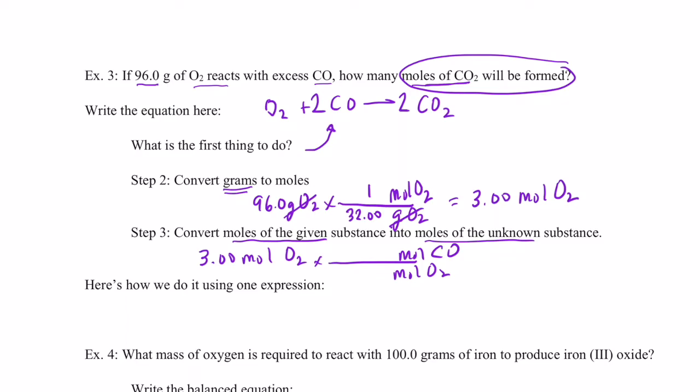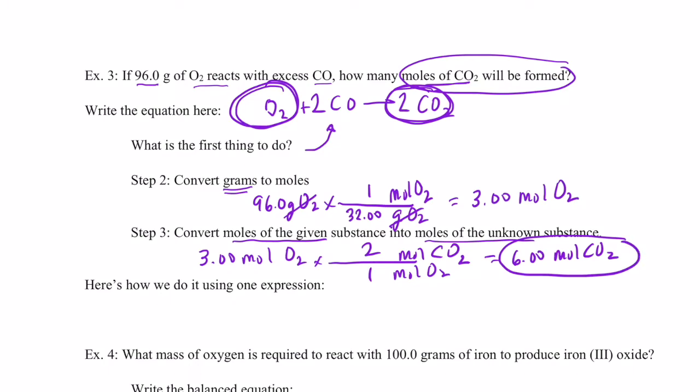That's right, from the balanced equation. For every 1 O2, I can produce 2 CO2s. So we're going to CO2, not CO, kiddos. So for every 1 O2, there are 2 CO2s that can be produced. So my answer is 3.00 times 2, which is 6.00 moles of CO2 that I can make.